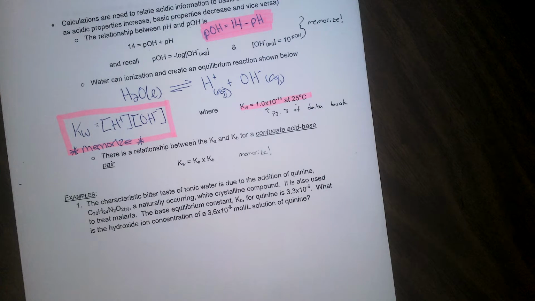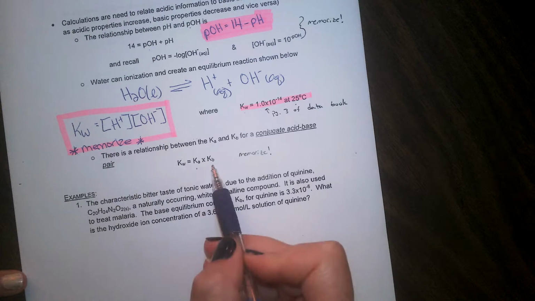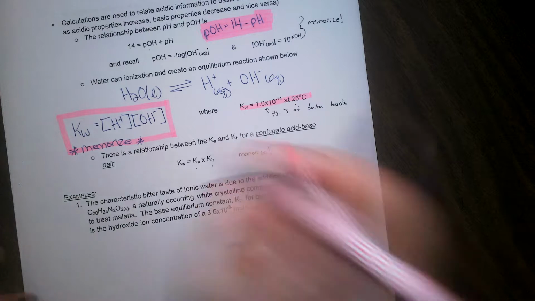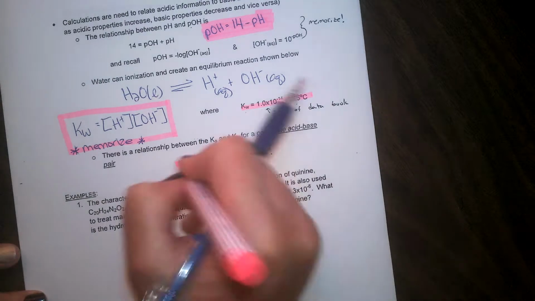Okay, now there's a relationship between Ka and Kb. Ka times Kb equals Kw. Memorize this one too.